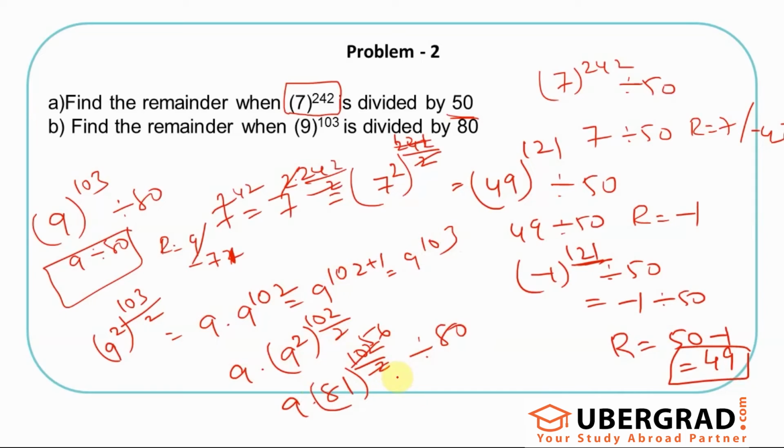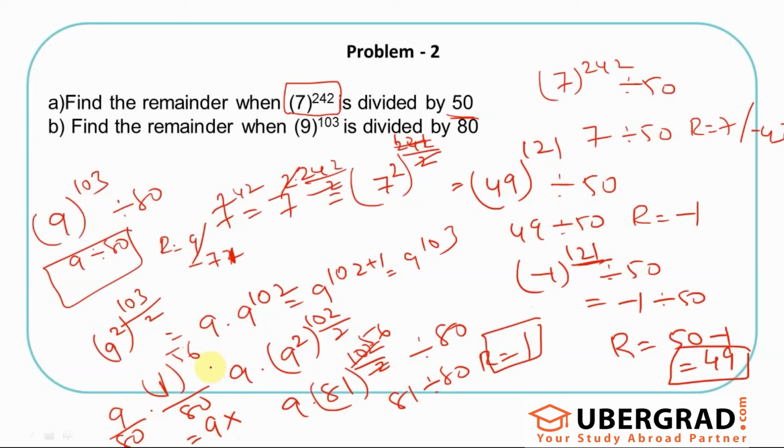What is the remainder when 81 is divided by 80? It's 1. So this is fundamentally boiling down to 9 into 1 power 51 divided by 80. 9 divided by 80, the remainder is 9. 1 power 51 is 1, so the remainder is 1. So finally I'm getting 9 as the remainder for this answer. So that's how you can do it.